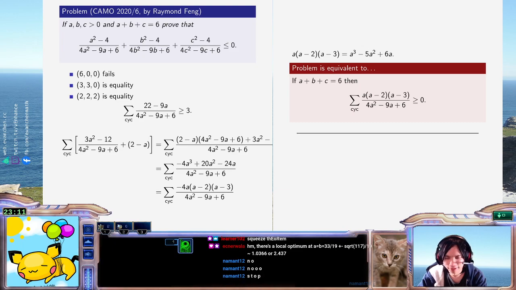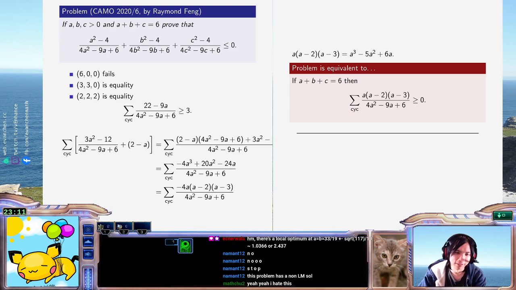This problem has a non-Lagrange multiplier solution. Well, I mean, it better.